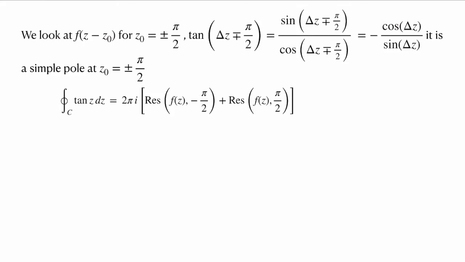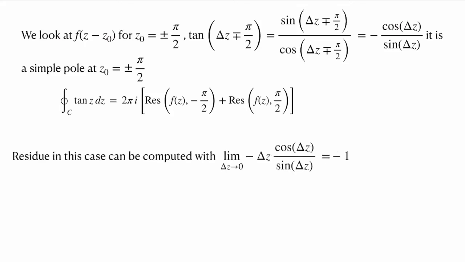At z equal to plus or minus pi by 2, we get the residue to be minus 1. Now we can compute the integral over the contour C of tan z dz, which is equal to minus 4 pi i. One more example.